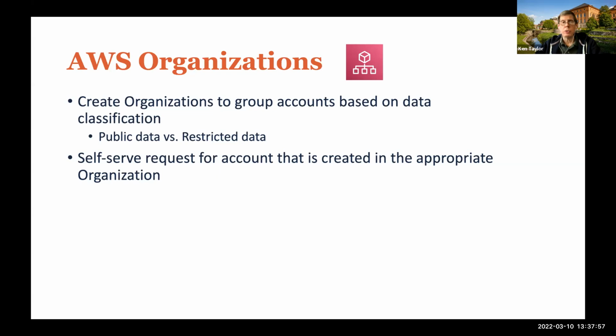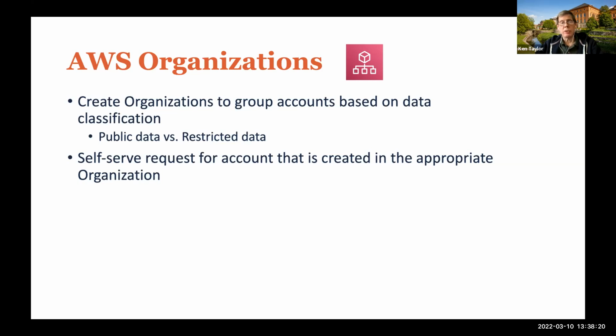So anybody who's using public data can be put into the public data OU environment. And anybody who has restricted data, PII, HIPAA, CUI data, will go into a restricted OU that we're about to start on.